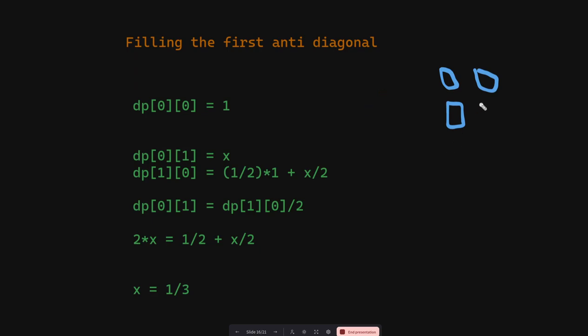We also determined that this is equal to this by 2, on the far end of the anti-diagonal. So we have the equation that 2x is equal to half plus x by 2, and we can see that x is equal to 1 by 3, as we determined in the sample problem as well.